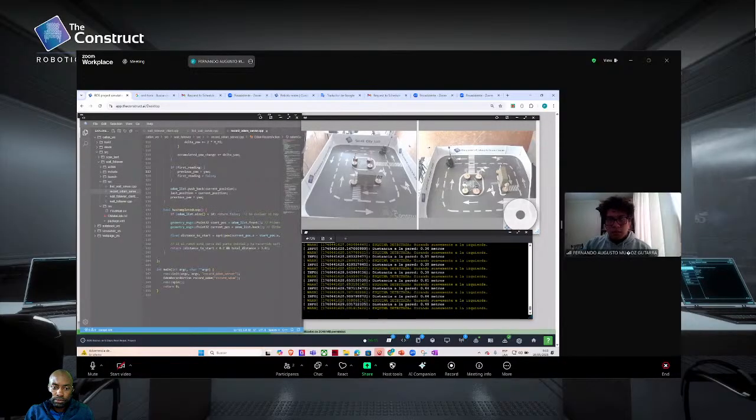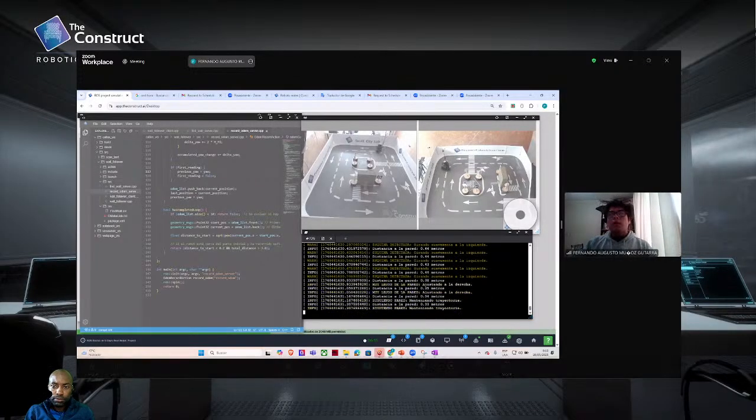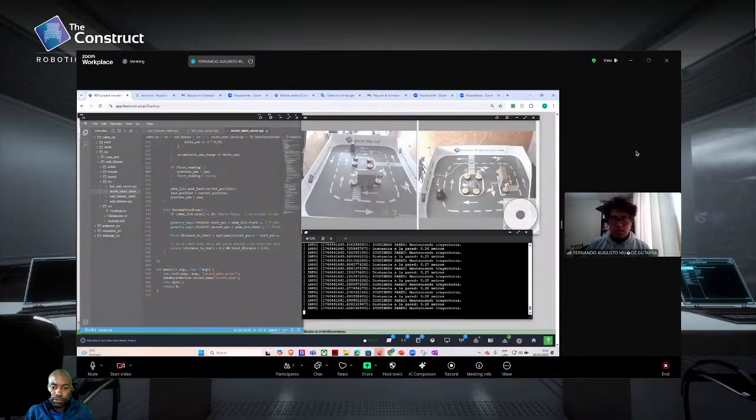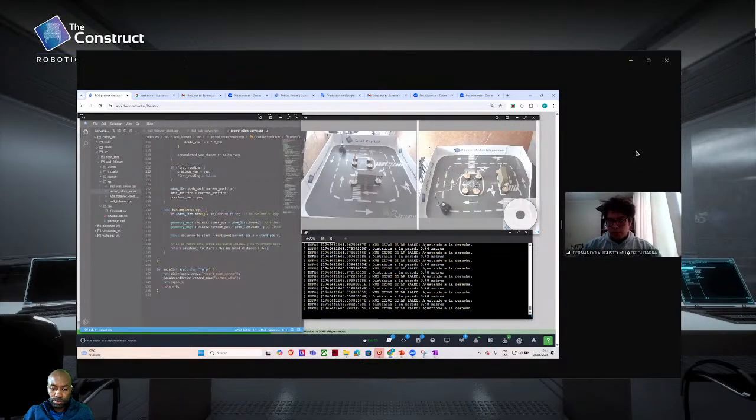When the robot finishes the whole trajectory, we have to present a list of all the points that the odometry registers.